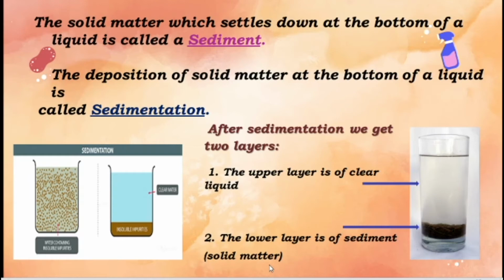The solid matter which settles down to the bottom is called sediment. The deposition of solid matter at the bottom of a liquid is called sedimentation. The process is known as sedimentation, and the substance which settles down is called sediment. After sedimentation you get two layers: the upper layer is clear liquid and the lower layer is sediment, that is, solid substance.